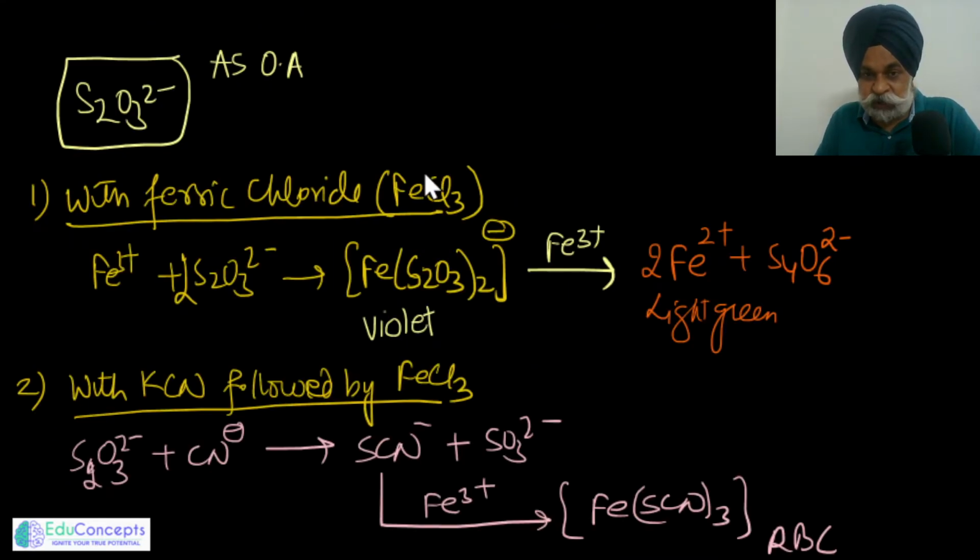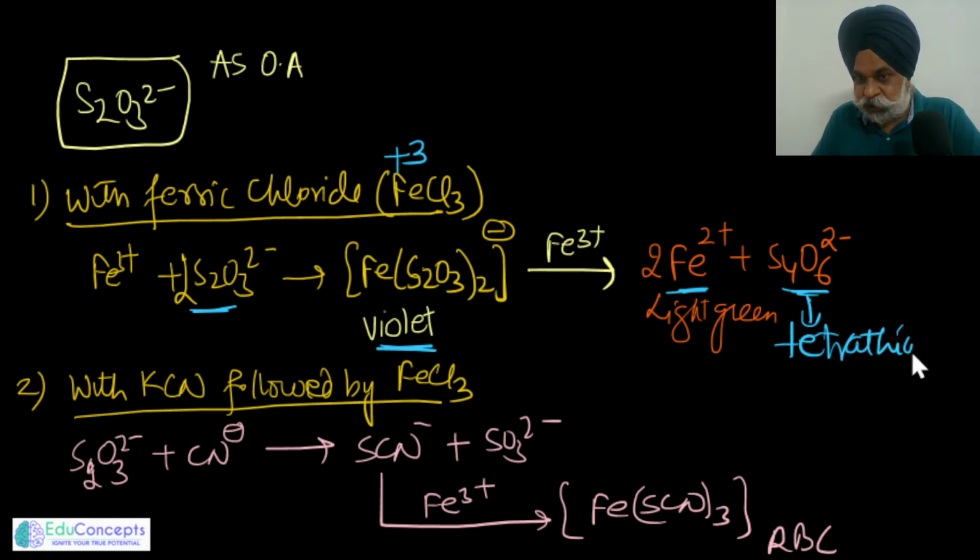Ferric chloride, Fe3 positive, treated with thiosulfate ion gives you a violet color, and excess Fe3 positive then changes to Fe2 positive, making it light green along with tetrathionate. Generally this hypo ion or thiosulfate ion changes to tetrathionate ion.